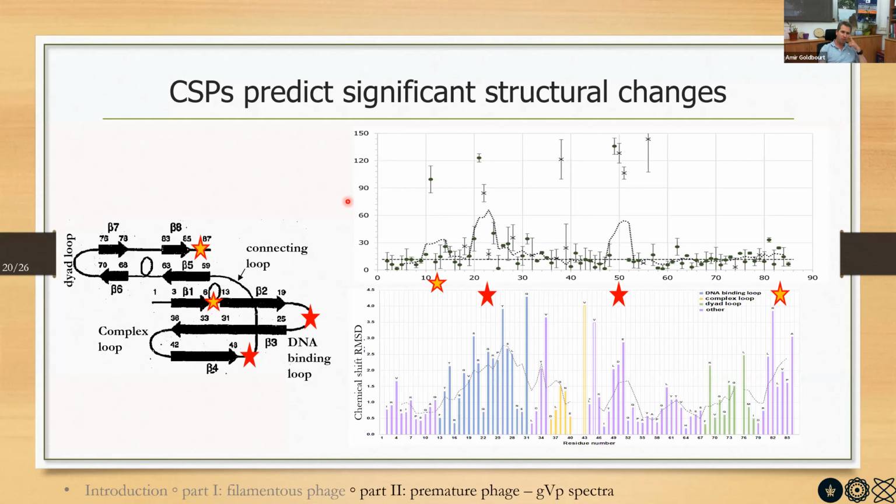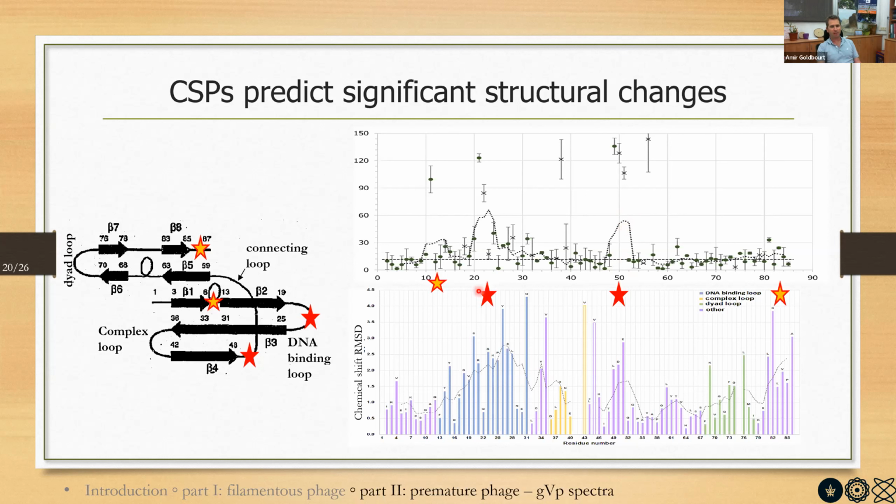These are the torsion angles predicted from the NMR chemical shifts. On this, we plot the 5 residue moving average. And what you can see from this plot is regions where you have really significant changes in the orientation and the torsion angles and chemical shift of the protein.